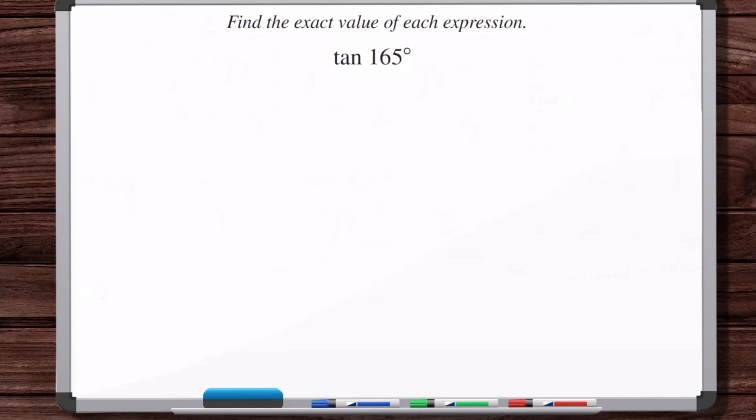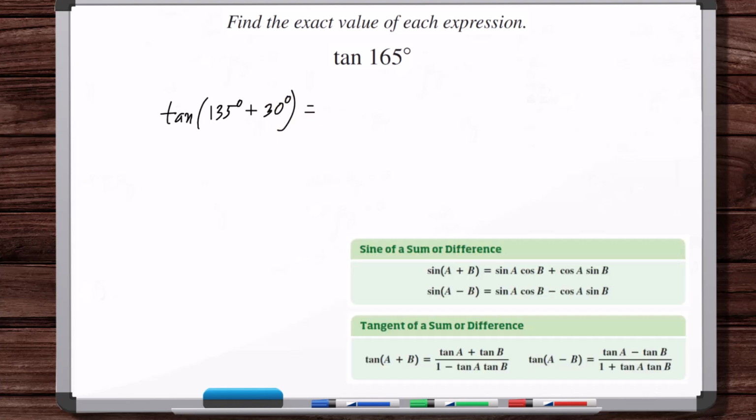Okay, tangent 165, we can do the exact same thing we just did. Write this as 135 plus 30, then use the sum formula for tangent.